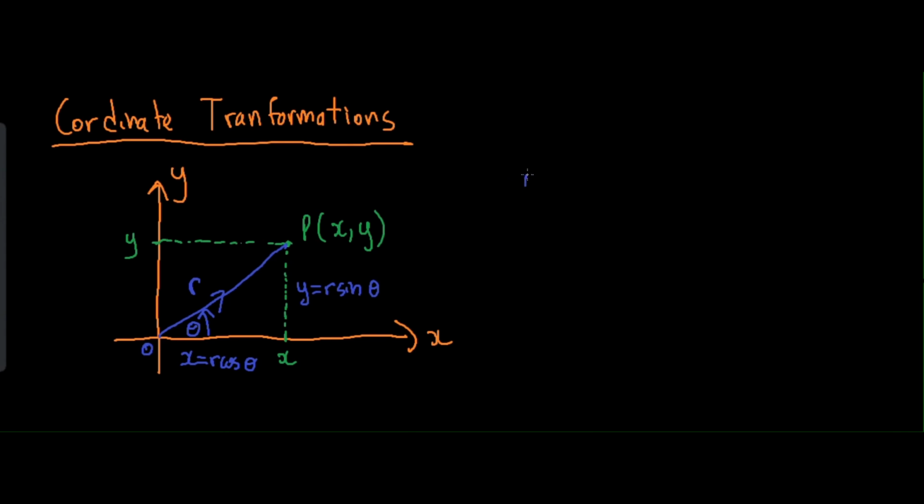So the magnitude of that line r, or the length of that line r, is given by r squared sine squared theta plus r squared cos squared theta.